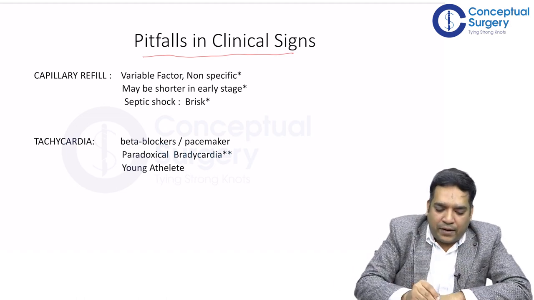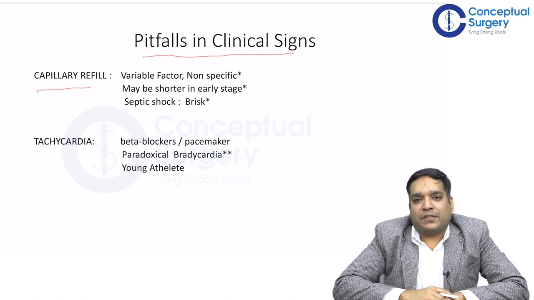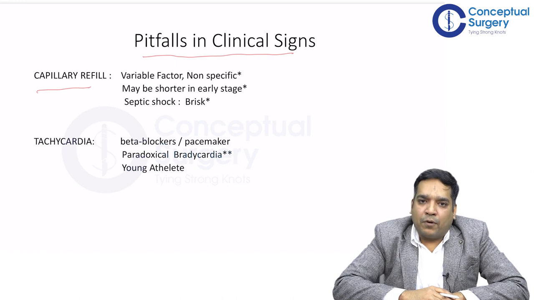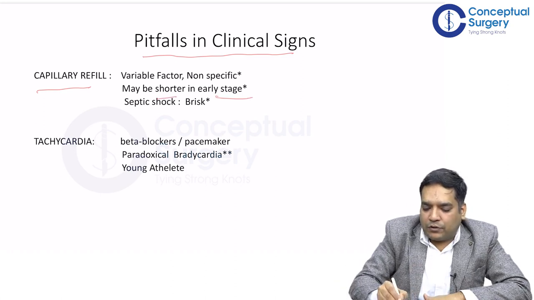For example, capillary refill time. It is seen that hypovolemia leads to increased capillary refill time, but we should know that capillary refill is a variable and non-specific factor for shock. Normal value varies from person to person, and capillary refill time could be shorter in the early stage of shock. Just remember this.